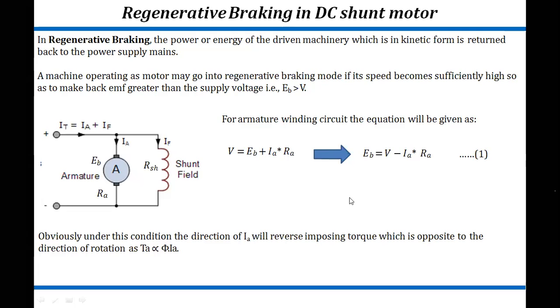So to increase the back EMF, which is required to be greater than the supply voltage for the DC motor to go to regenerative braking, we can reverse the direction of armature current, and as we reverse it, the torque also reverses, because torque is directly proportional to the armature current.